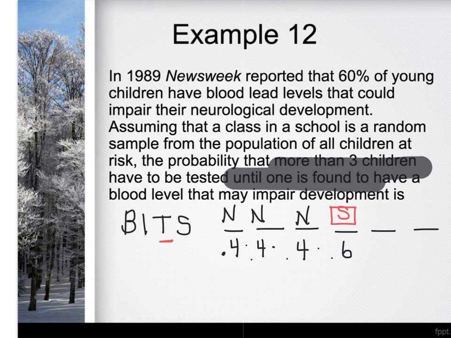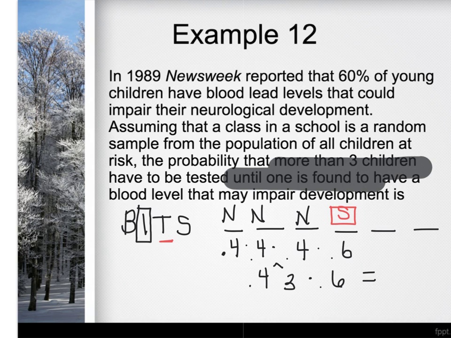So with BITS, the requirement is that the trials are independent, and we can assume that children selected have independent blood levels. And so, therefore, we can find the probability that the first is not impaired, and the second is not impaired, and the third is not impaired, and the 4th is impaired by multiplying those together. So our probability will be 0.4 to the 3rd power times 0.6.